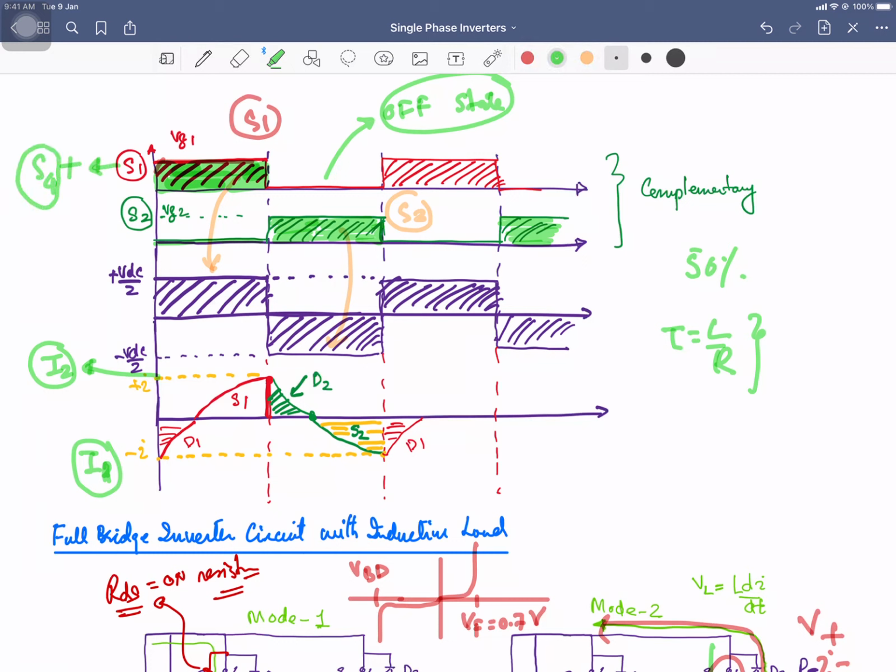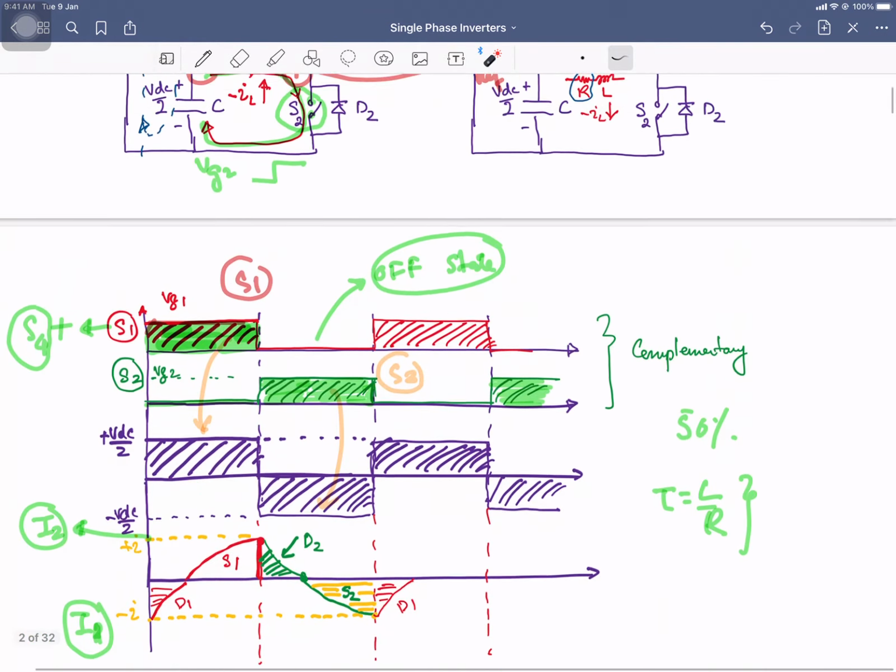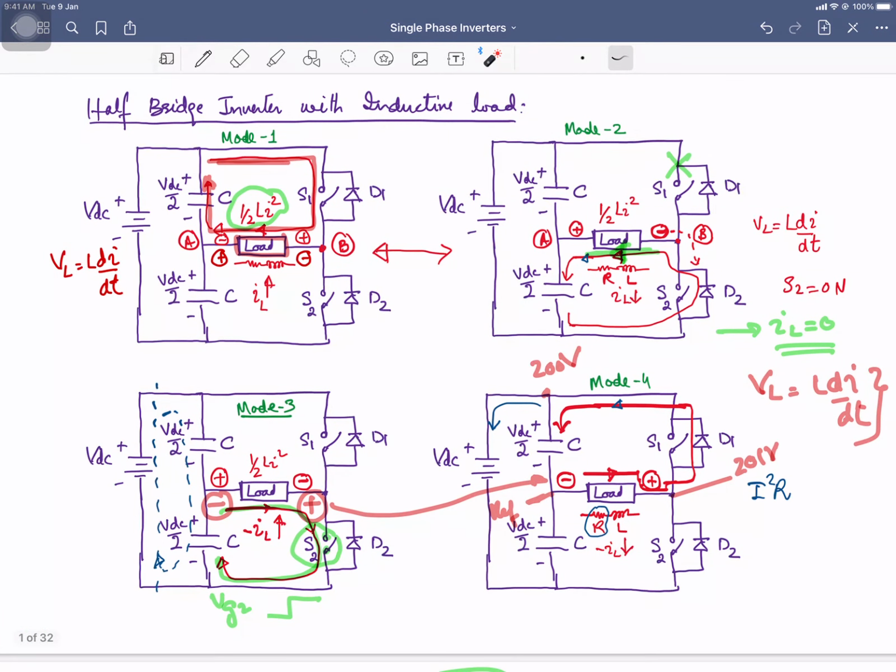You are applying this gate voltage, and instead of getting VDC by 2, you are going to get VDC, double voltage, because just look at this circuit, when this switch is turned on, this VDC is connected across your load. In the half bridge inverter, we were dividing that voltage into two parts with the help of these two capacitors.